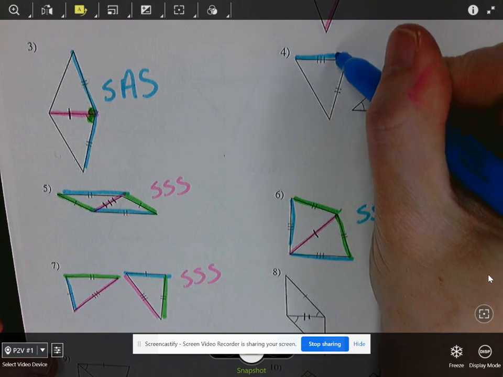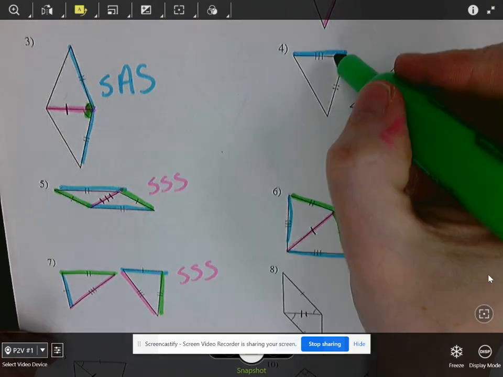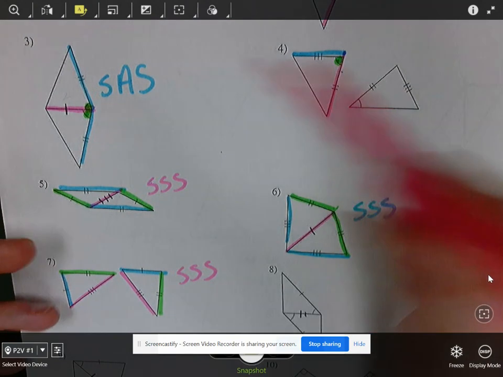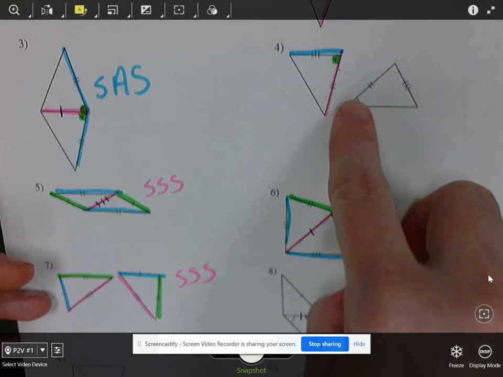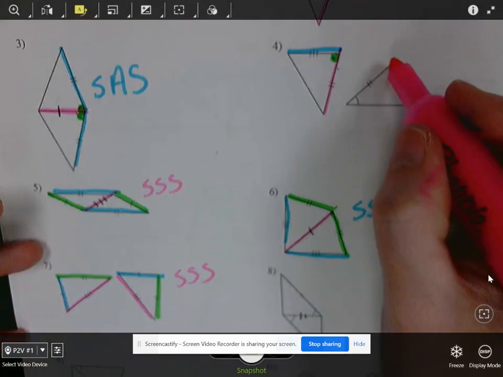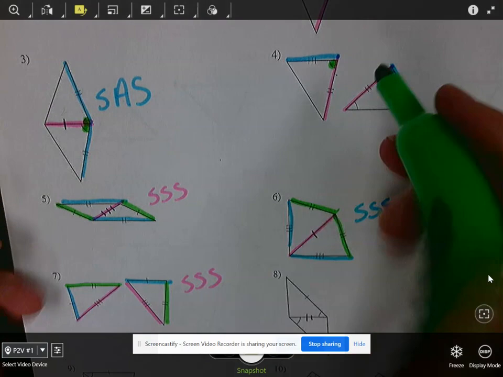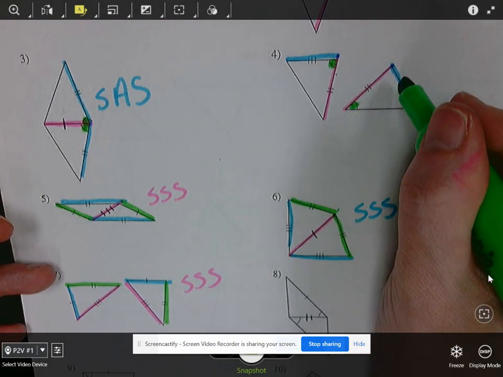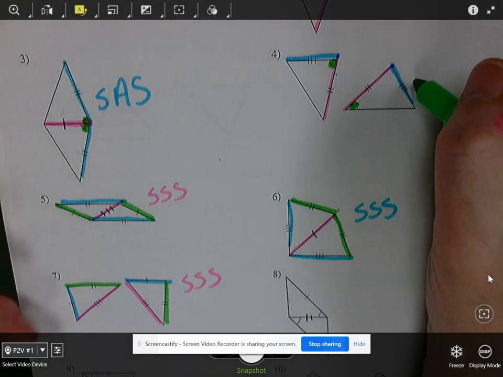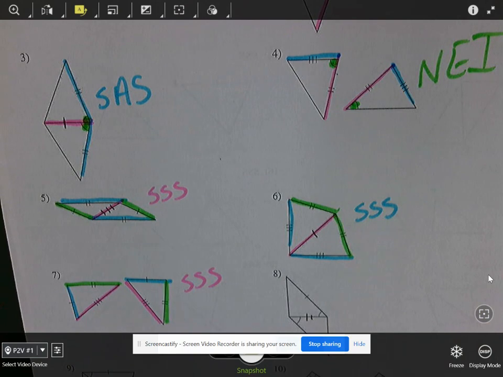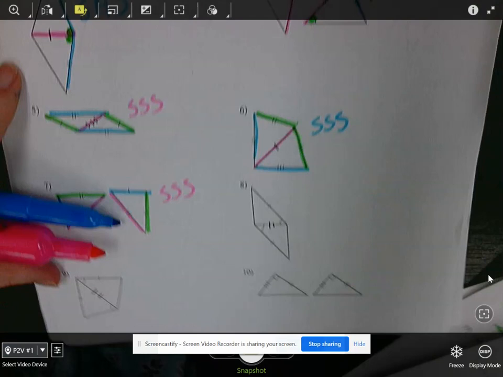So here's a side, and then an angle, and then a side. So I'm going to do 3 first this way, side, and then a side, and then an angle. So this is actually side, side, angle, or angle, side, side, which is a bad word, so we know we can't use it. So this would be not enough information. So if it spells a bad word, you can't use it. You'll get in trouble.